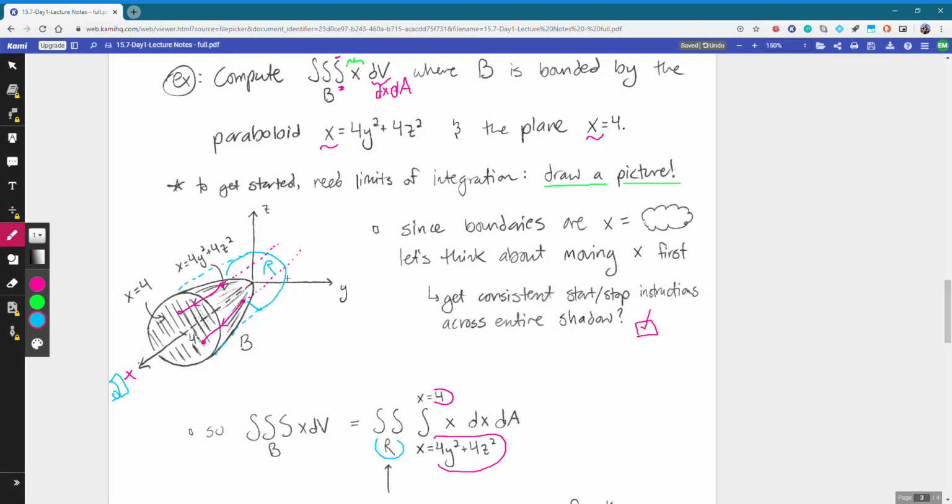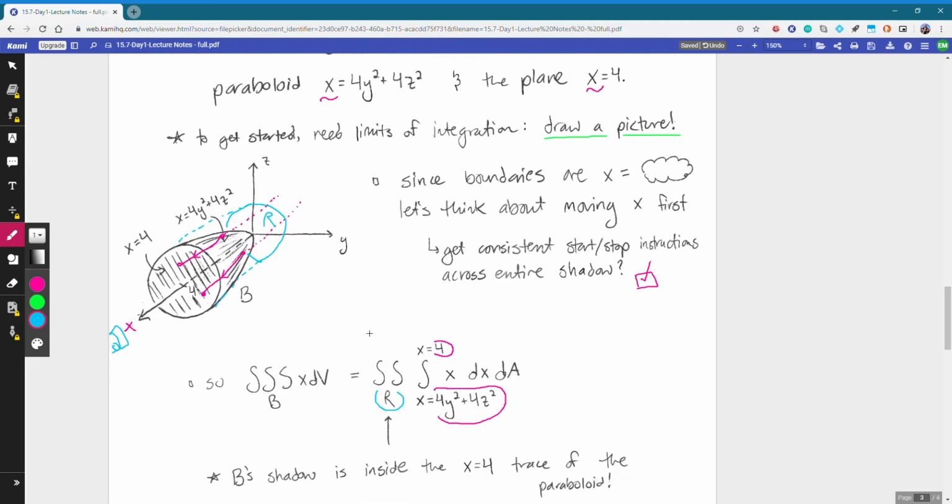This is the visual of what it looks like, but how do we actually figure out the equation for the outside edge of this thing? Well, we can use the geometry of how we got it. This thing came from essentially this rim of the paraboloid that we got by cutting with x equals 4.